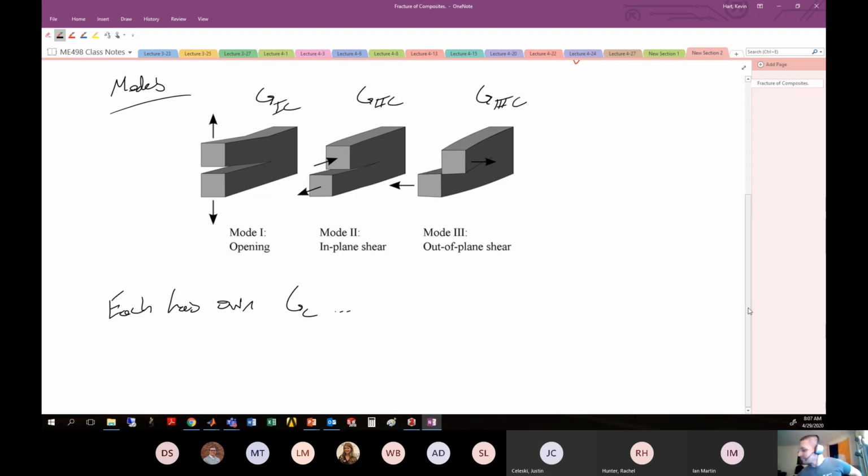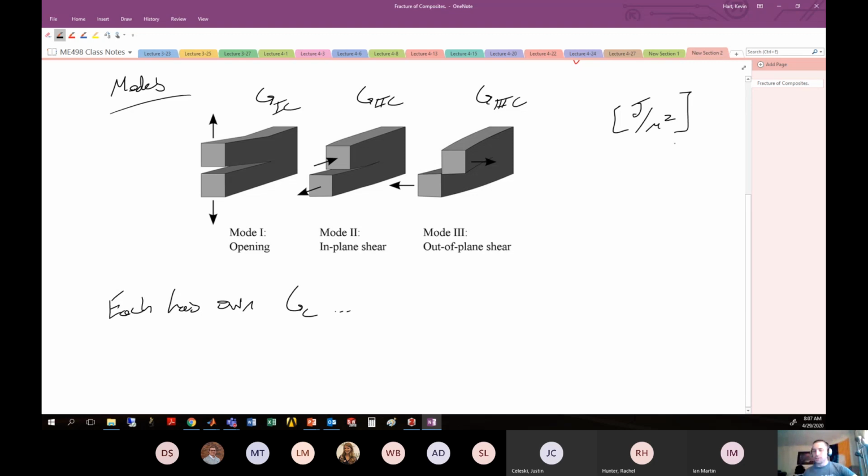Not to be confused with 3G, which is what your phone uses, or 4G. So those are your modes of crack opening. And like I said, the metric that is going to be useful for us is energy per crack opening area. So something like joules per meter squared is the unit, and that's for all of these different types.